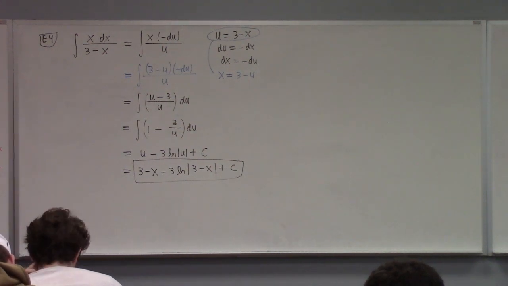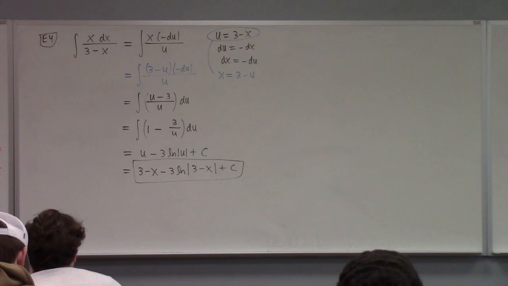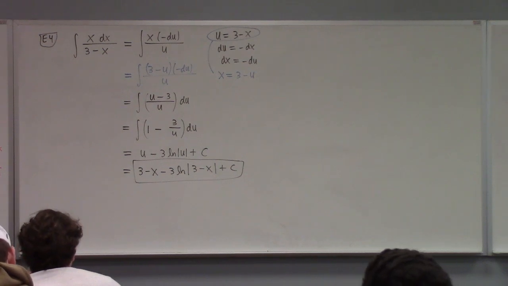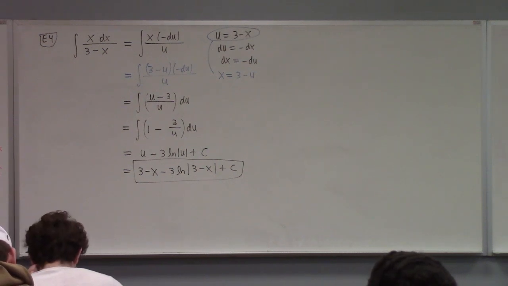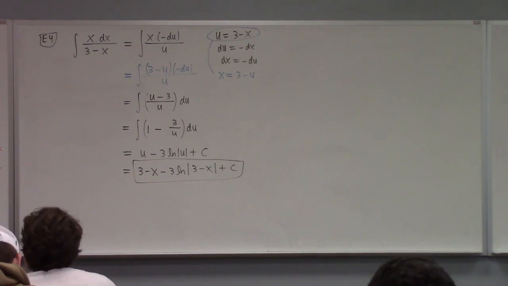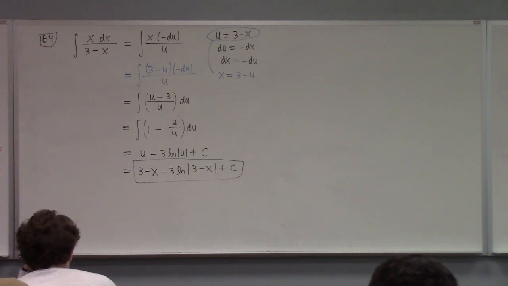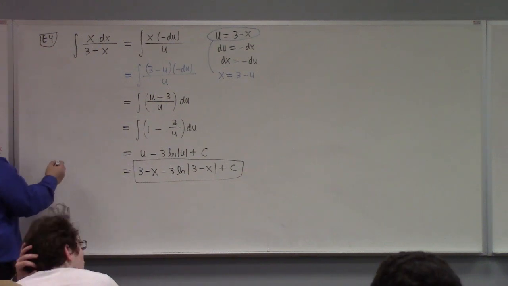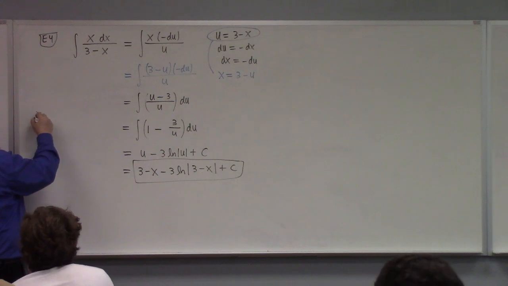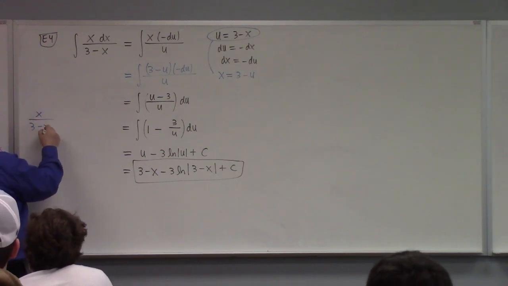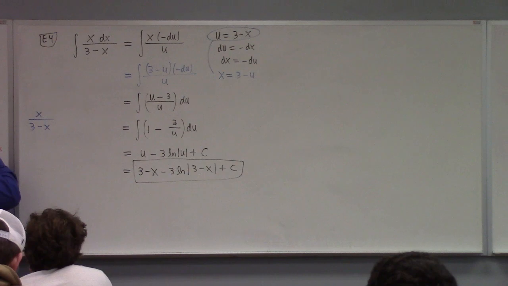Can you bring just the x down and then distribute to the 3 minus x? Bring the x down from the start of the equation, so you have x to the first power, bring it to the denominator, then taking x to the negative 1, distributing that to 3 minus x, and then integrating that way. Well, if I brought that to the denominator, so I've got x over 3 minus x, right? You're asking how we can simplify it.